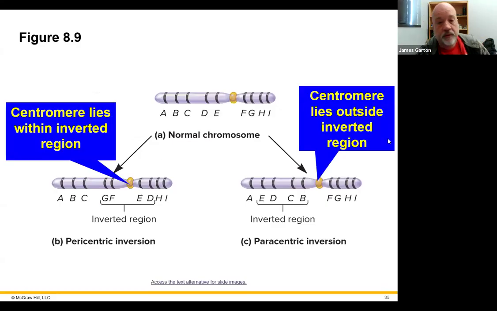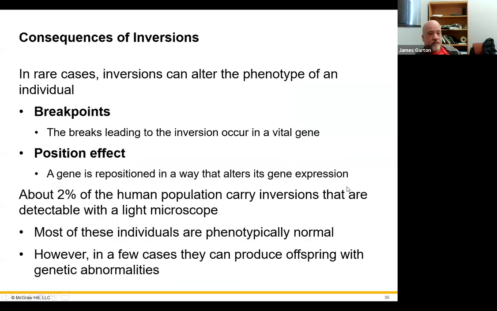And so this one spans the centromere, and this one does not. And they can have different effects.